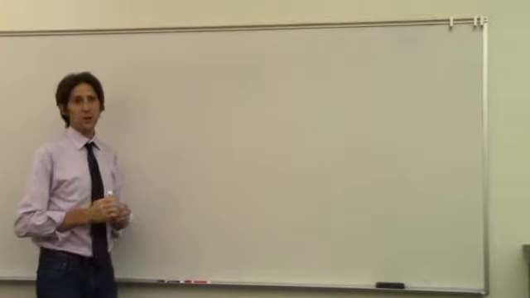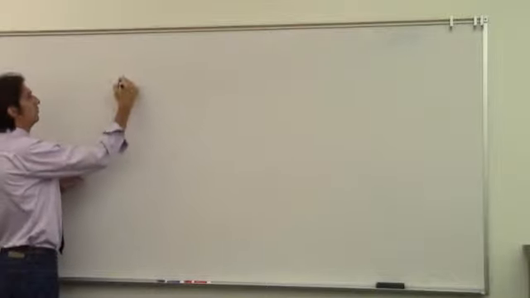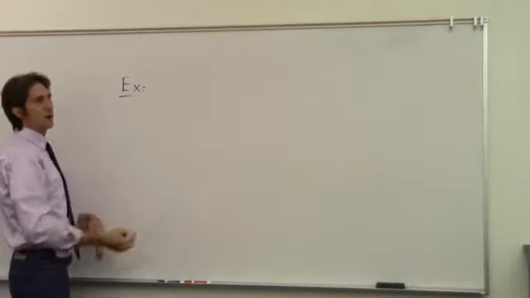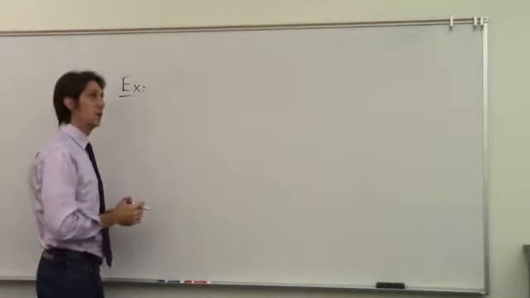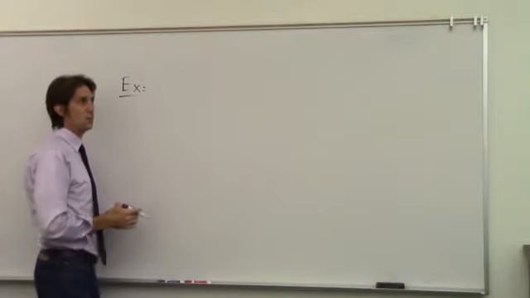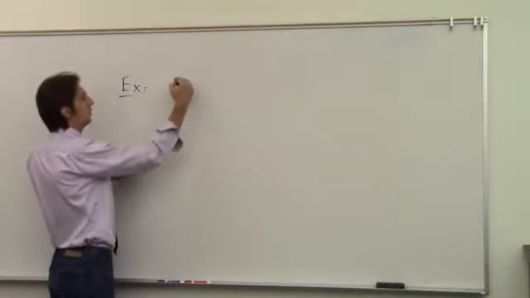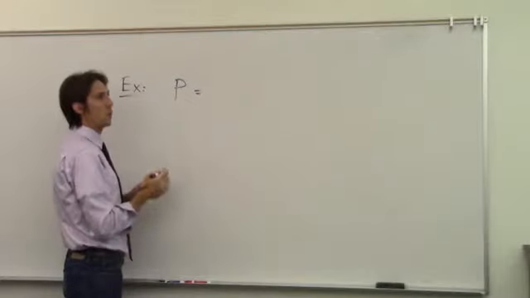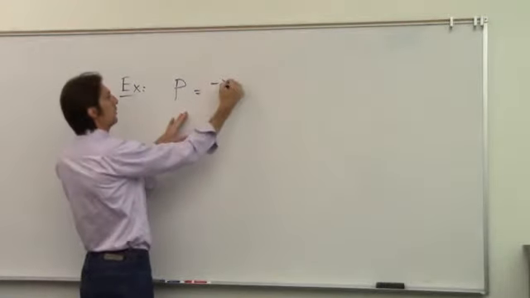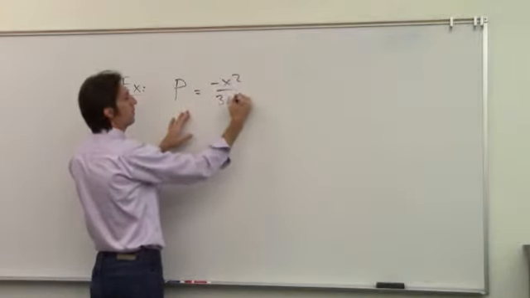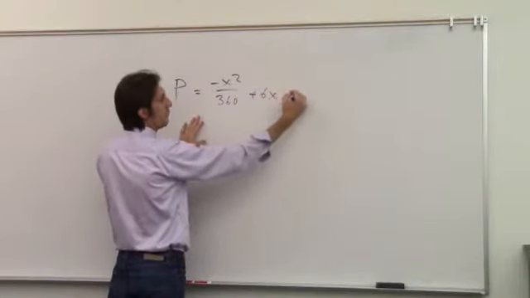And in particular, we are already given an expression relating our quantities of interest. Even more, those quantities have already been defined for us. Our relationship of the quantities here is P equals minus x squared divided by 360 plus 6x minus 300.